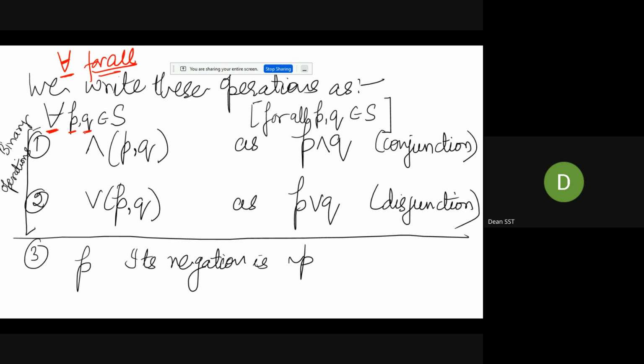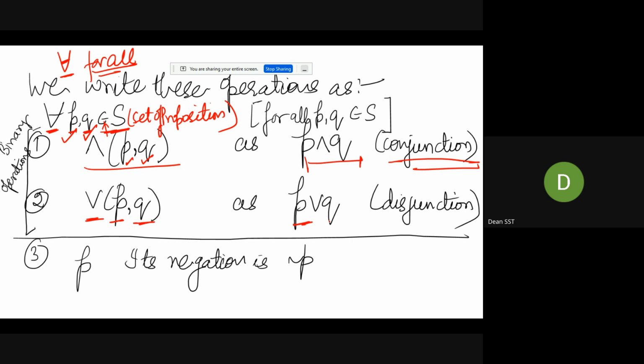For all P and Q belonging to the set of propositions, we can write conjunction of P, Q, that is P and Q. Similarly, we can write disjunction of P, Q as P disjunction Q. And for negation, the tilde symbol is used.